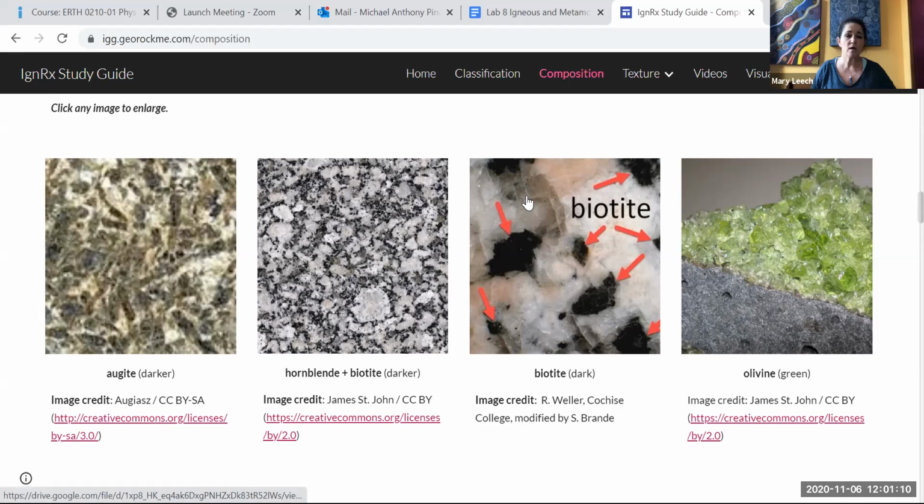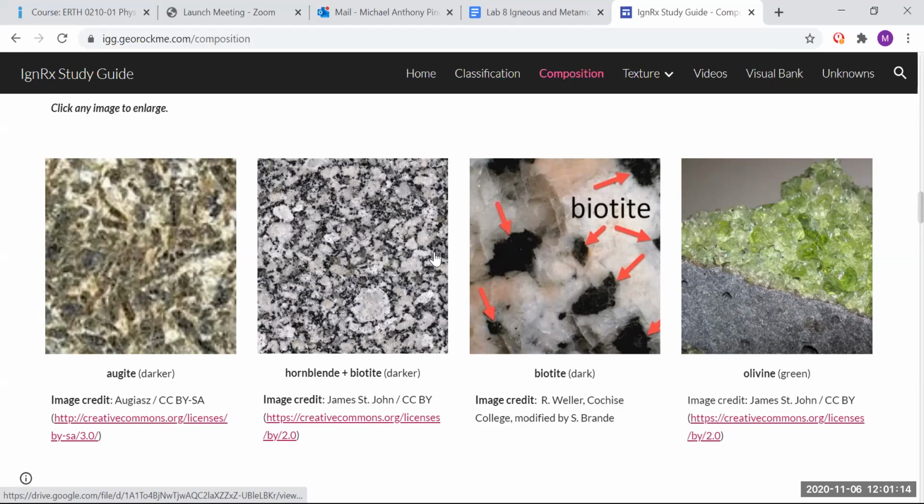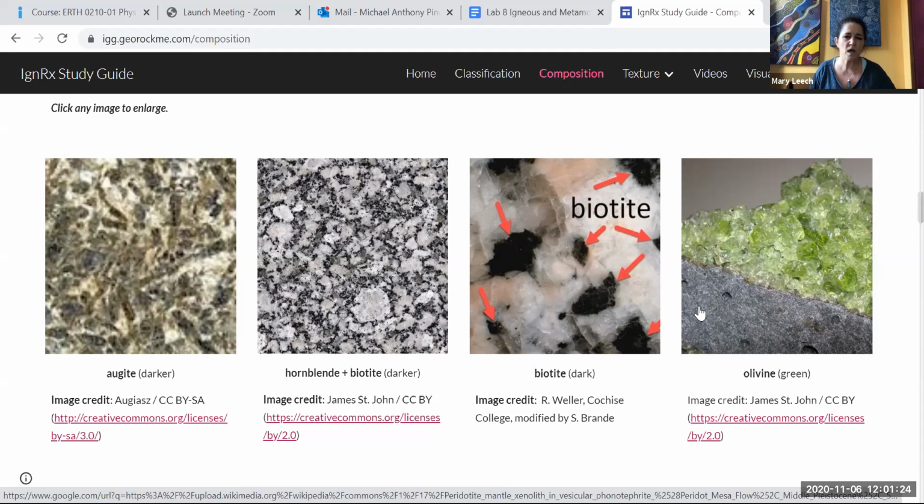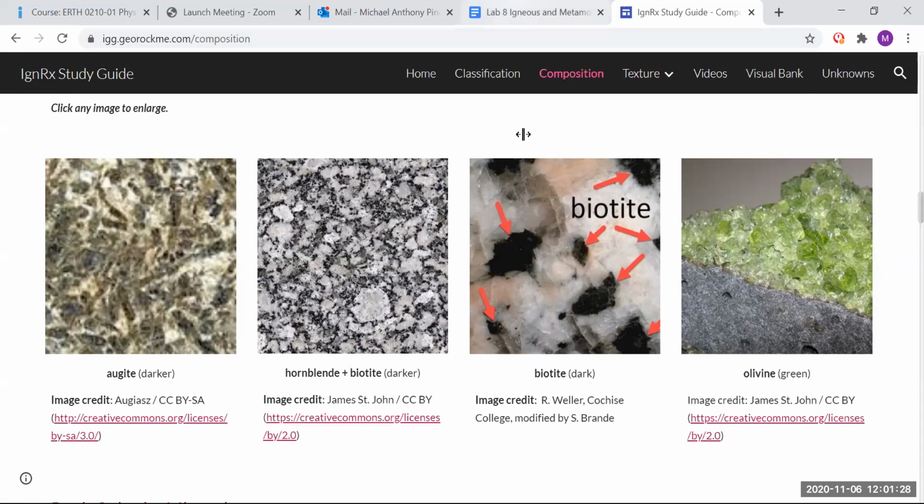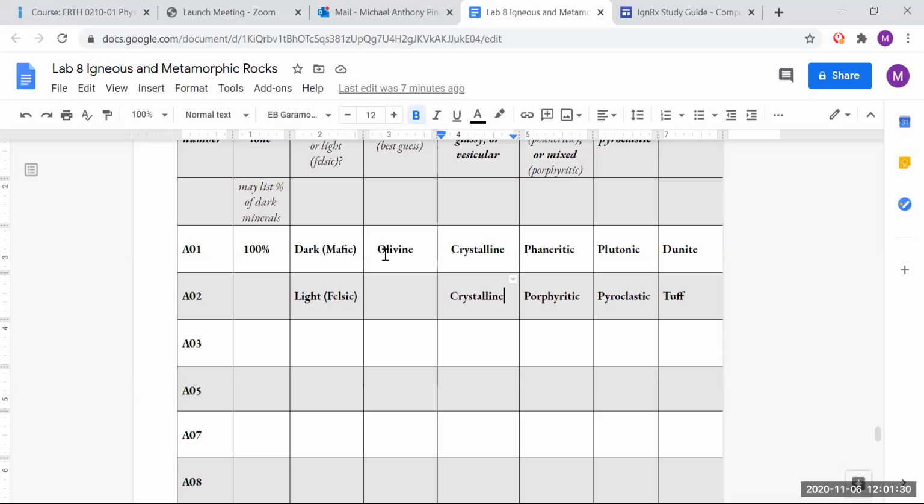But you did a great job on number 1, and you think it's this mineral on the right, don't you? Sorry, can you say that again? Rock number one, you said was 100% green. So did you identify the mineral? Yeah, it was olivine. Olivine, yeah.